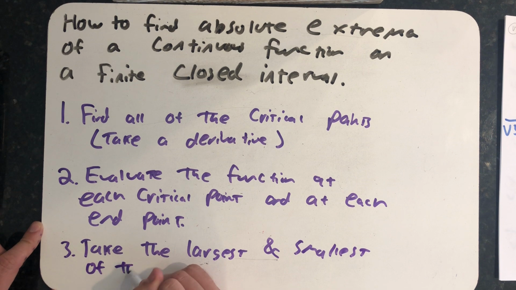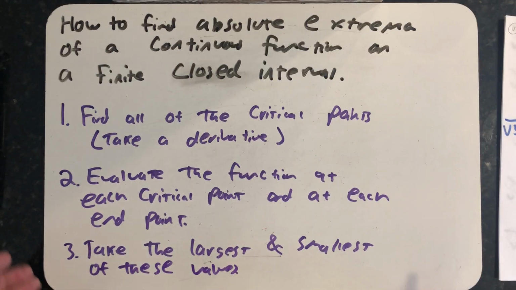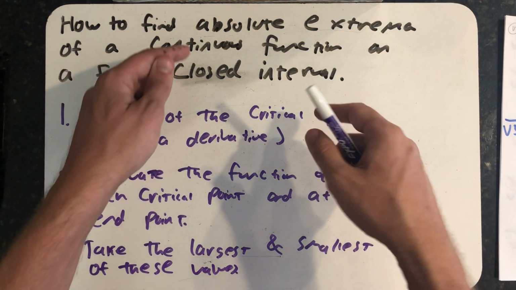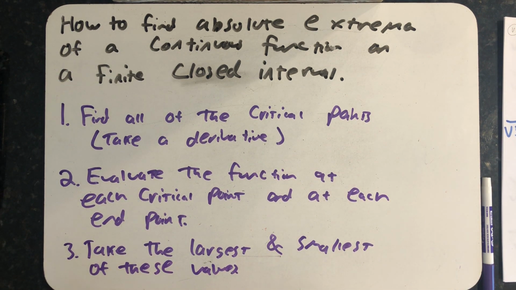So all we have to do is write down the largest and smallest of these values, and we'll have found our absolute max and absolute min. Now, this procedure works for continuous functions over finite closed intervals because that's where the extreme value theorem guarantees us that we will have an absolute min and an absolute max.